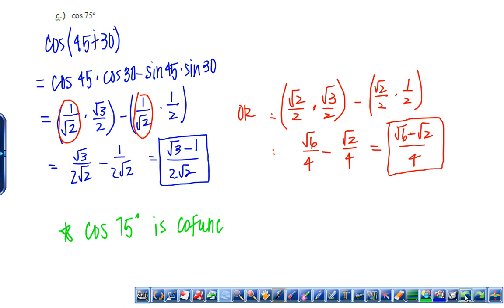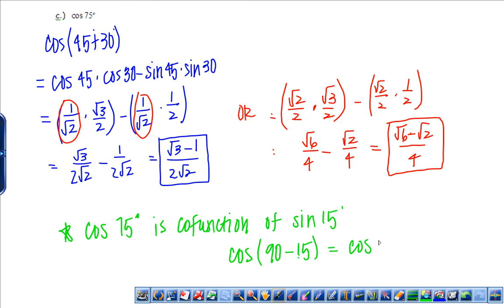Cofunction of sine of 15 degrees. And this is why. Remember, sine 15 degrees is equal to, what you do is you say cosine of 90 minus 15 degrees, and that would give you cosine of 75 degrees.